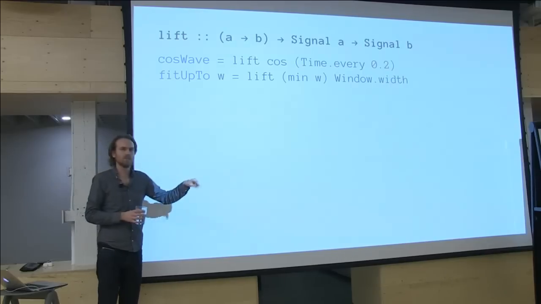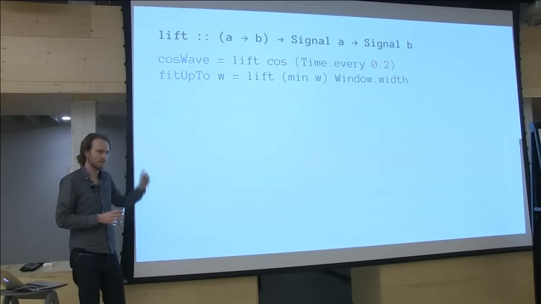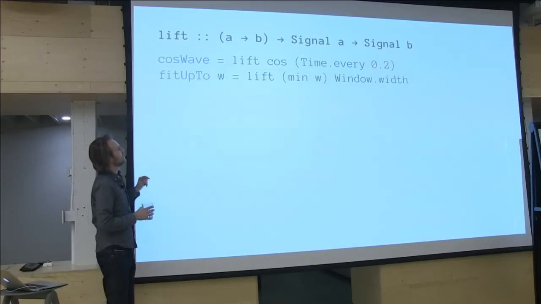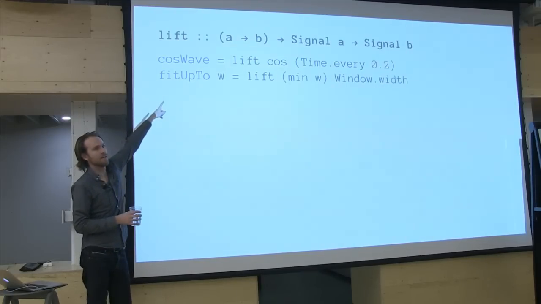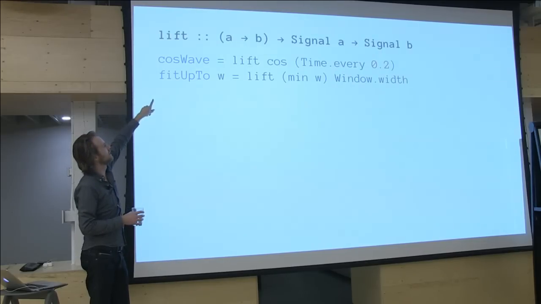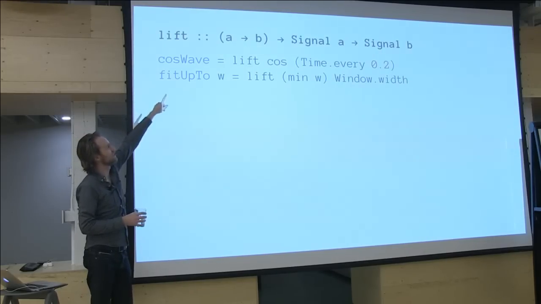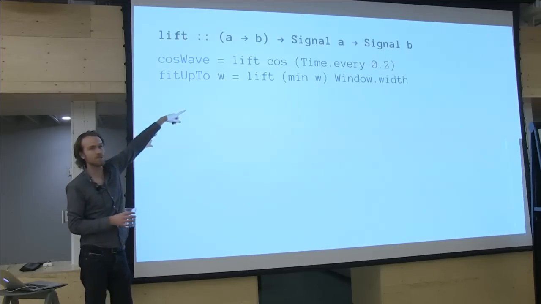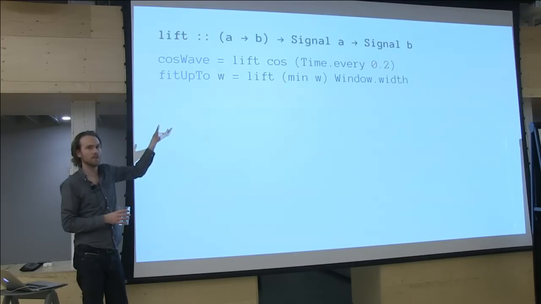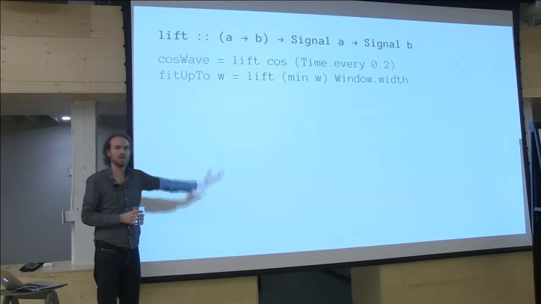Actually, in real-world Elm now, they changed that to be based on milliseconds, so you'd say 200 there. Anyway, coswave then, I should have written the type declarations here, my bad. But coswave now is a signal of numbers returned by cosine, the cosine of the timestamp.